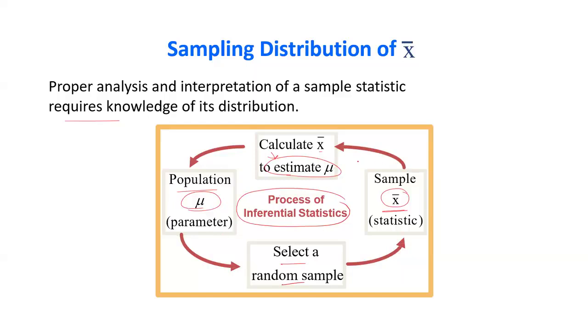If your sample goes wrong, if there is a sampling error, then this would not be accurate, and whatever inference you derive about the population parameter will go wrong. So that's the reason the sample is very, very important. While you are considering the sample, you have to make sure that you are selecting the right sample.